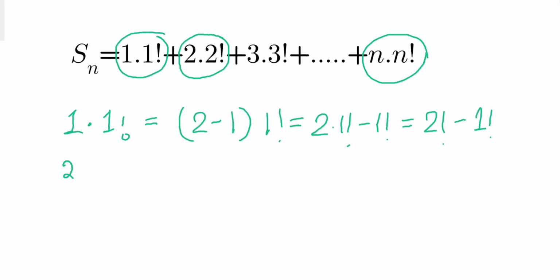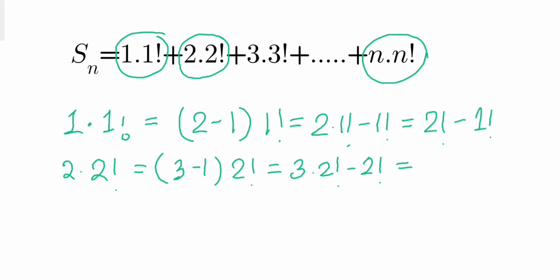Similarly, 2 into 2 factorial can be written as 3 minus 1 into 2 factorial, which equals 3 into 2 factorial minus 2 factorial, which equals 3 factorial minus 2 factorial.